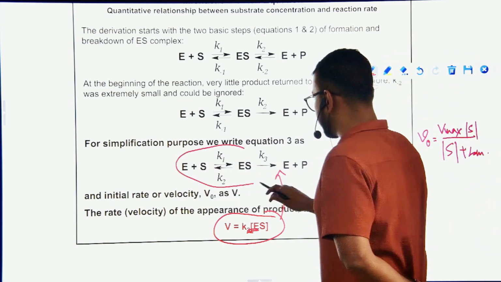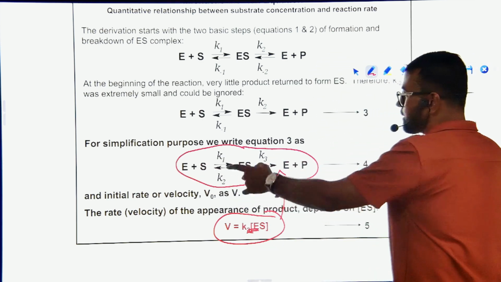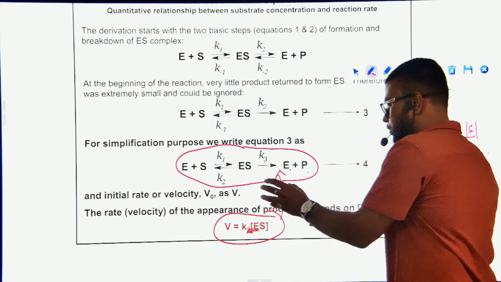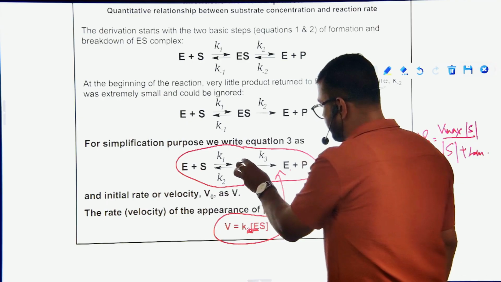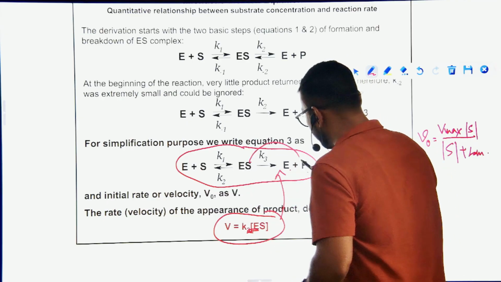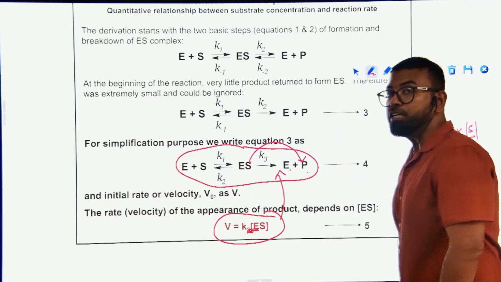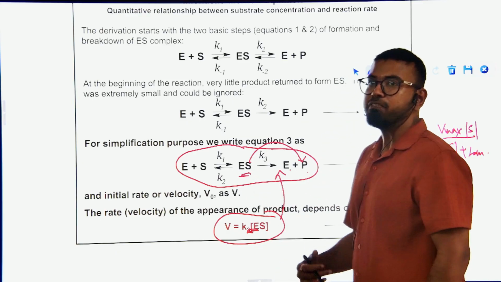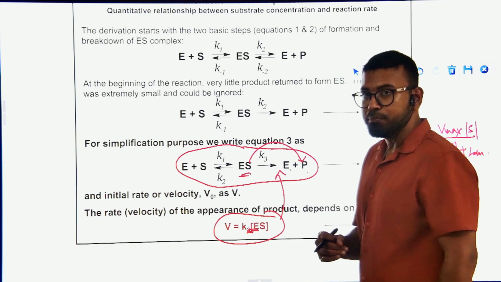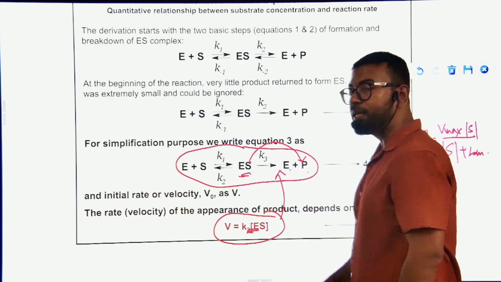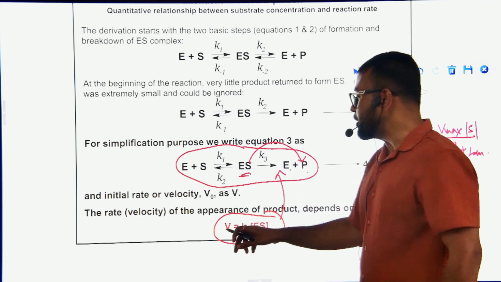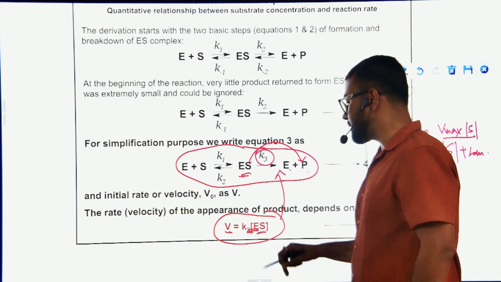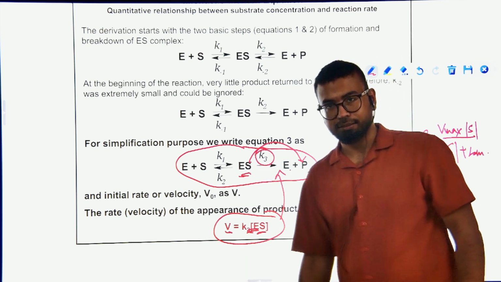This is the overall reaction. Suppose we are considering E plus S, K1, ES getting converted into E plus P. So ES is getting converted into P. The initial velocity should be based upon the breakdown of ES into E plus P. So that's why the initial velocity V naught equals K3 into ES.